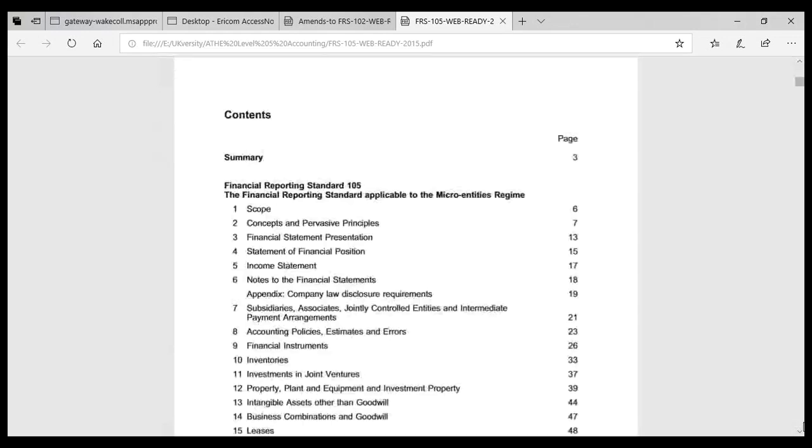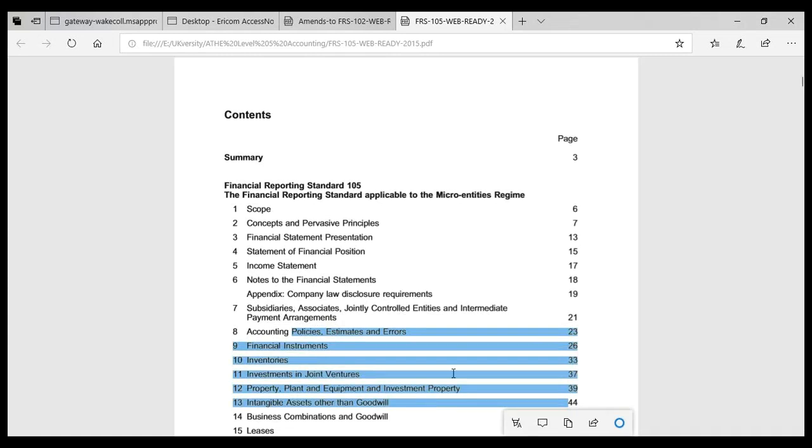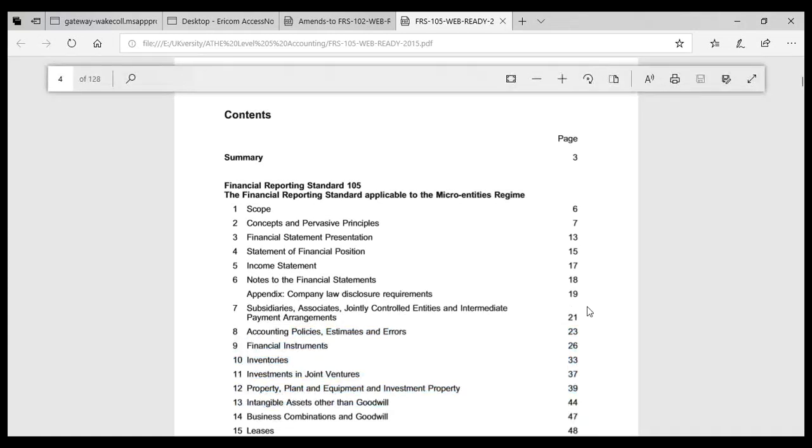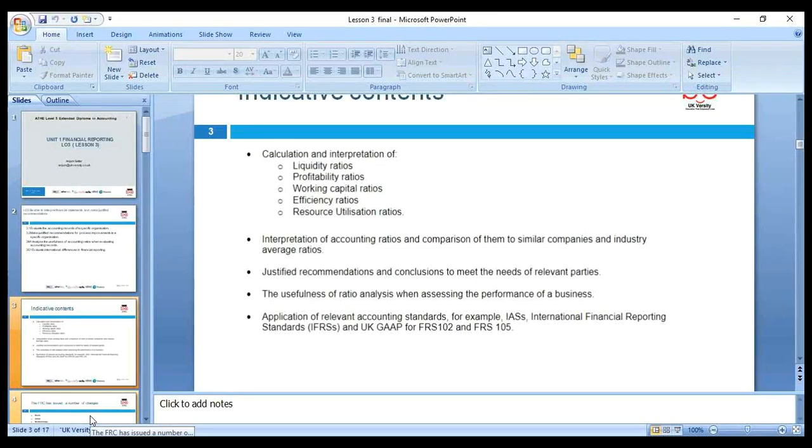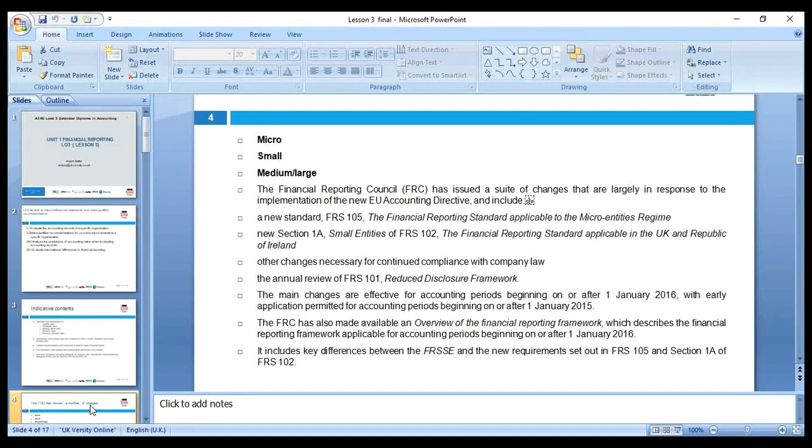Micro means small. It covers accounting principles, financial presentation, joint ventures, and errors and estimates, all discussed for micro-entities, small organizations. Next we will explain what is meant by micro in detail.